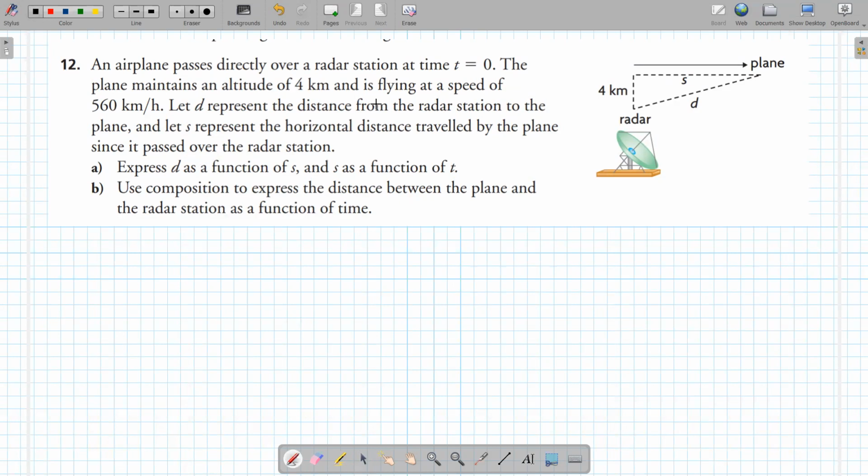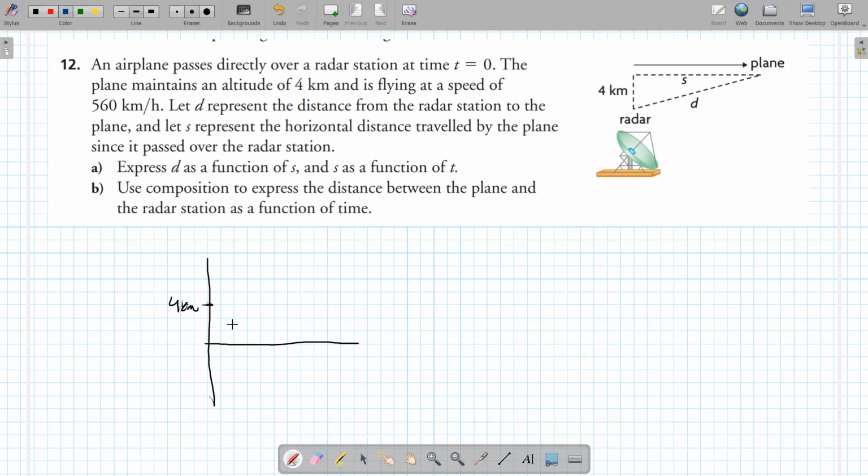Okay, what's even happening here? So at time equals 0, a plane is passing over a radar station. It's at a height of 4 kilometers, and it's flying at a speed of 560 kilometers per hour.